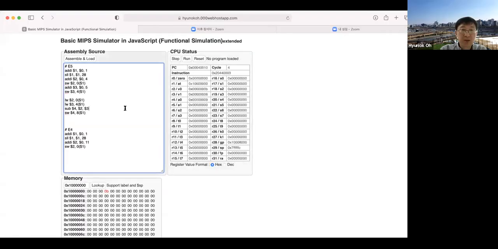Okay, then let's look at the code. So here is the code E5. As you mentioned, the first line is storing the 4 and 5, right? So 4 and 5 are stored into 1000 and 1004. And then this is loading from the location, then the subtraction and storing it.